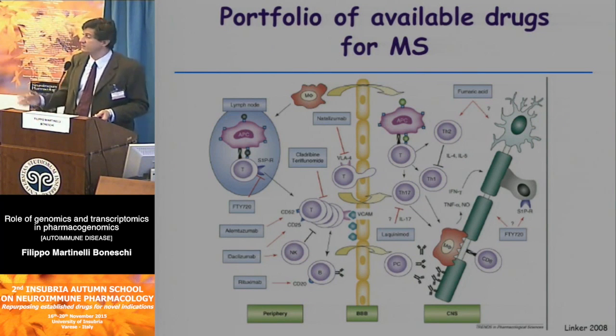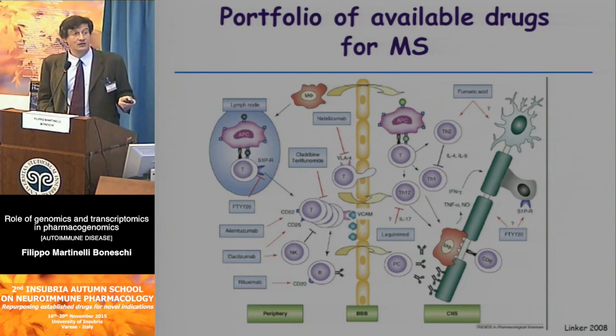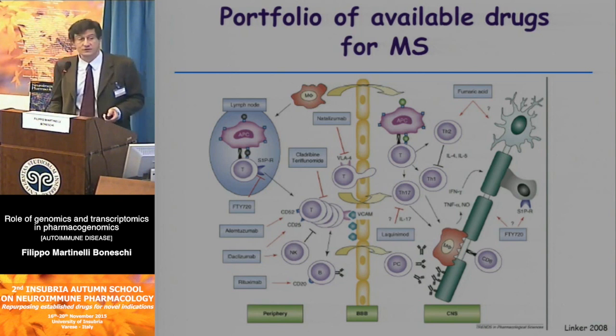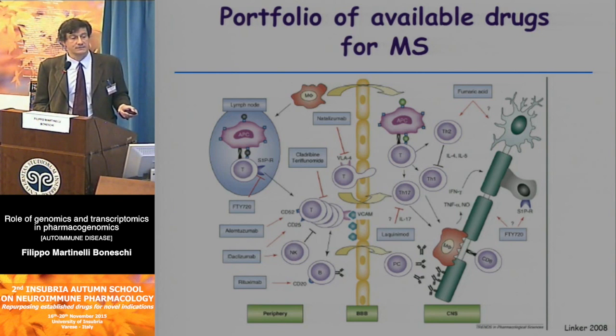Different from the past, now there are several drugs available to treat multiple sclerosis. For example, we have rituximab and now ocrelizumab, which is another agent. They both act on the CD20 marker, which is expressed on B cells.